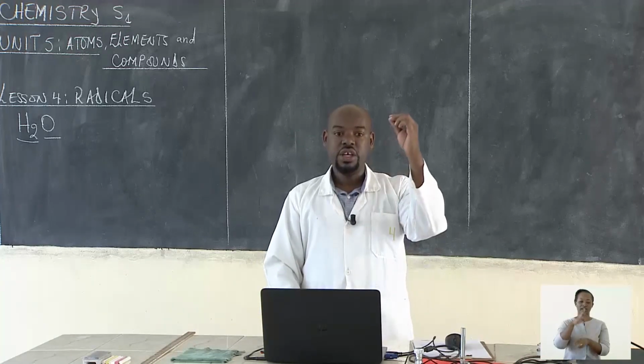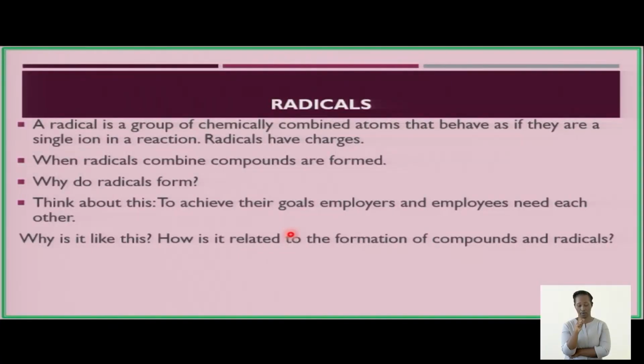A radical is a group of chemically combined atoms that behave as a single particle in a chemical reaction. And you should always remember that these radicals have charges. They may be positively charged or negatively charged.